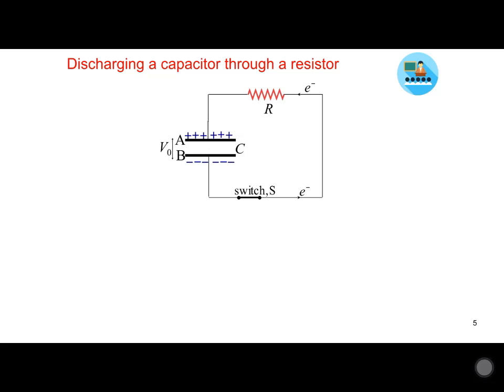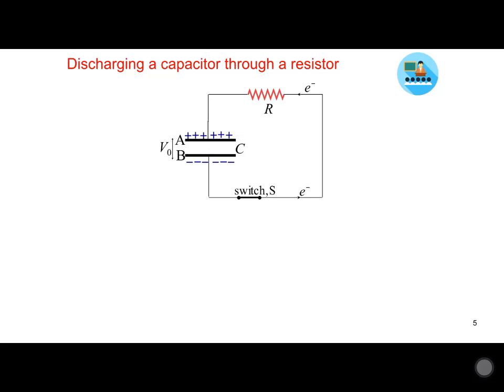So when we close the switch, the electrons from the plate B will go through the resistor R and neutralize the positive charges at plate A.